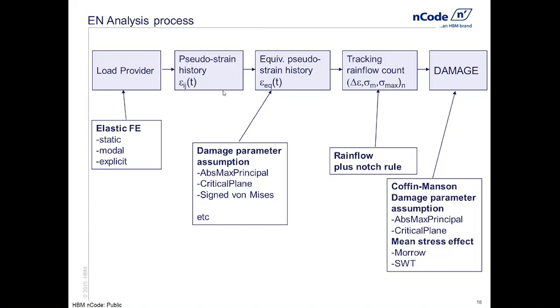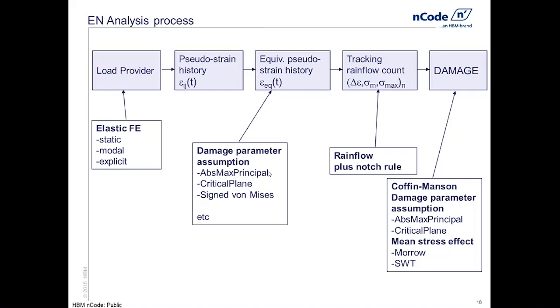From this tensor, we extract a damage parameter depending on which theory we favour. So this could be largest principal strain, critical plane strain. This is something that we can compare to our uniaxial fatigue test data. So for most cases, the most useful parameter to start with would be the largest principal strain.